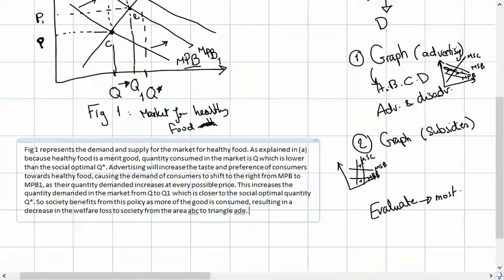Okay, so what is the benefit? State the benefits on the different stakeholders. Who are the different stakeholders? Consumers, producers, society, and government. We already said the effect on society, so let's start from the consumers.